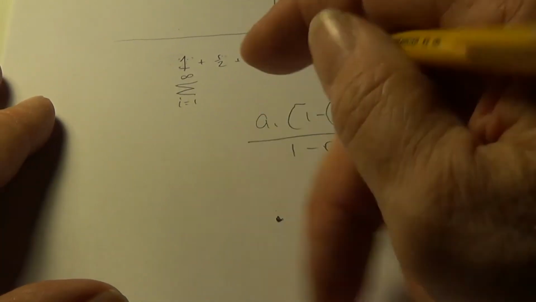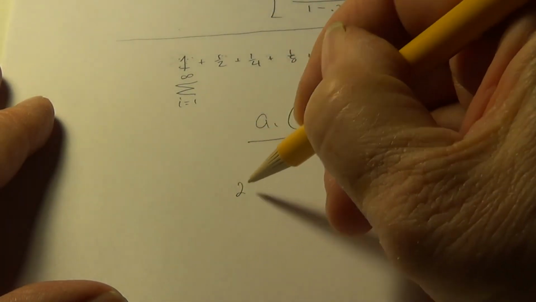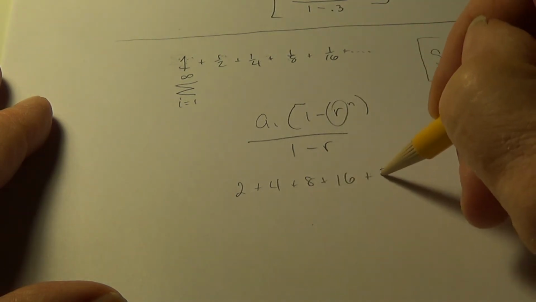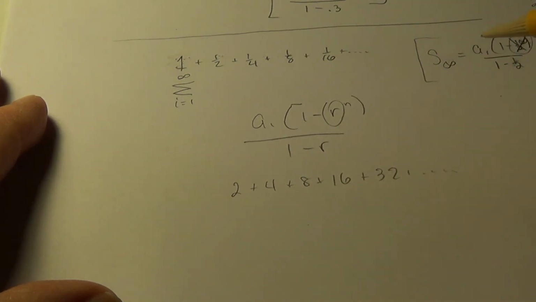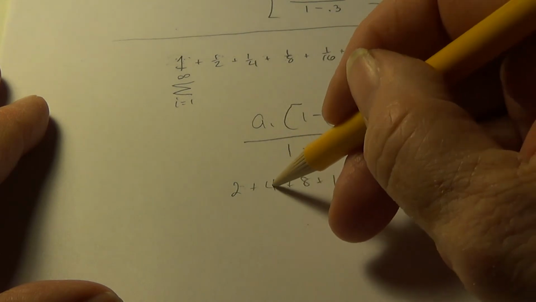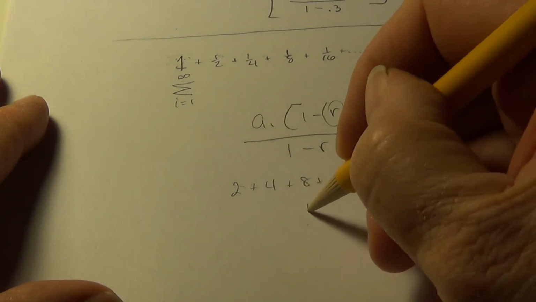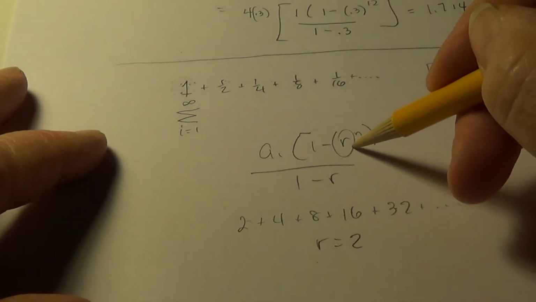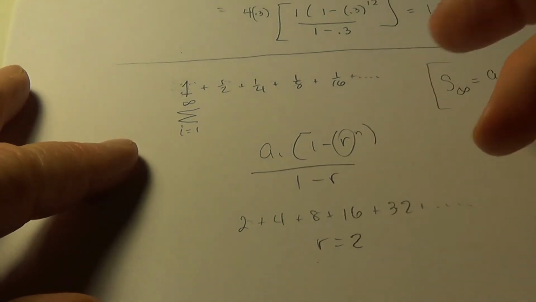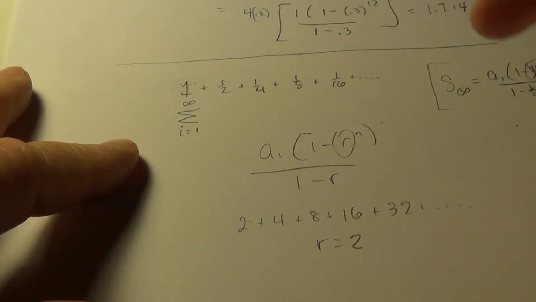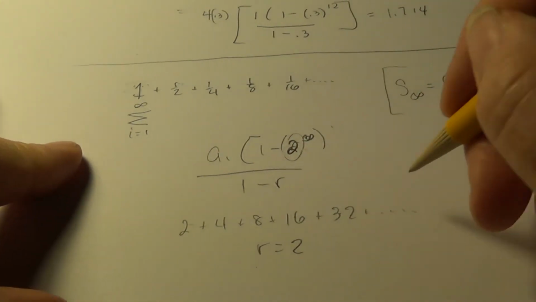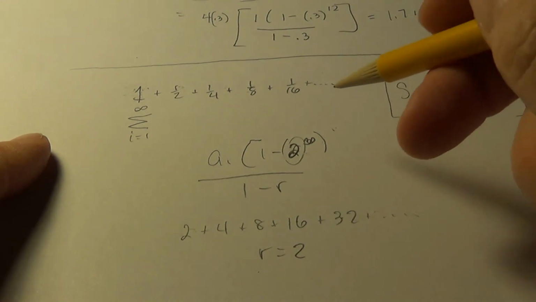So suppose the expression was 2 plus 4 plus 8 plus 16 plus 32. Here, the common ratio, what did I multiply each term by to get the next? The common ratio is 2. So if I go into this formula and put a 2 there, I get 2 to the infinity, if I'm not stopping anywhere.